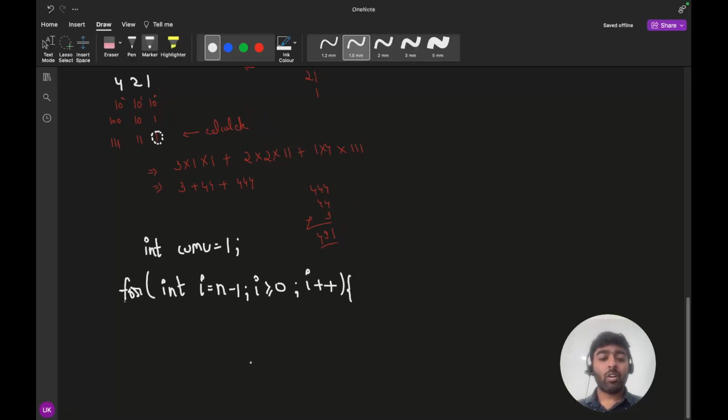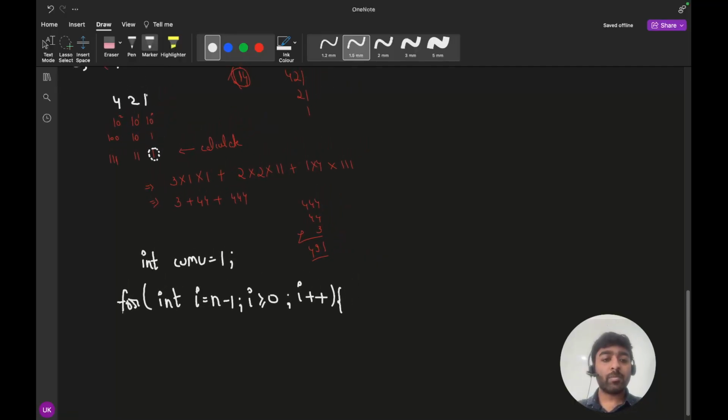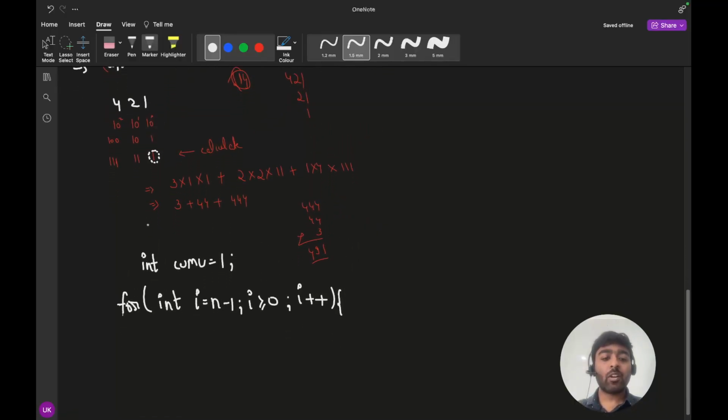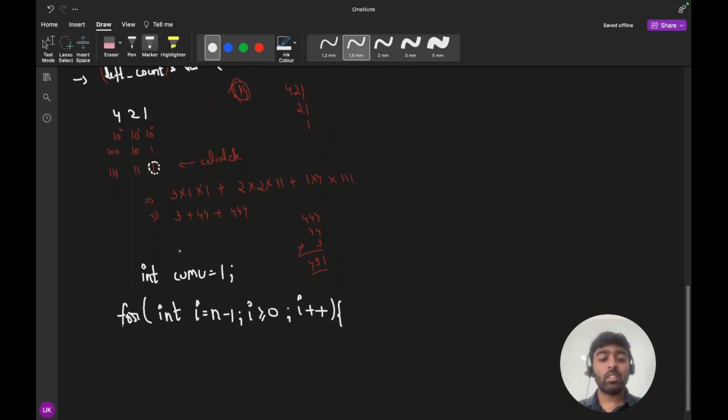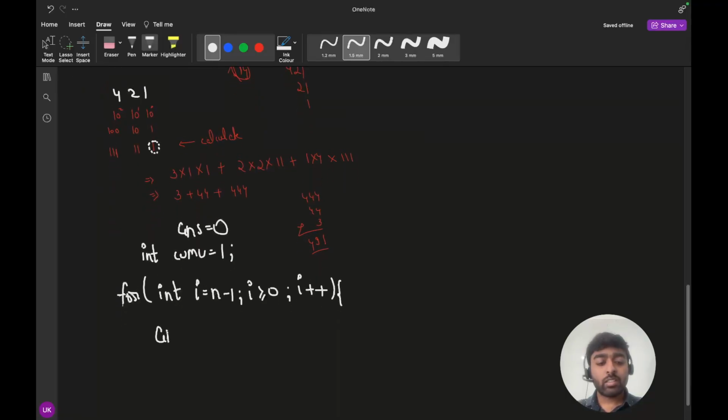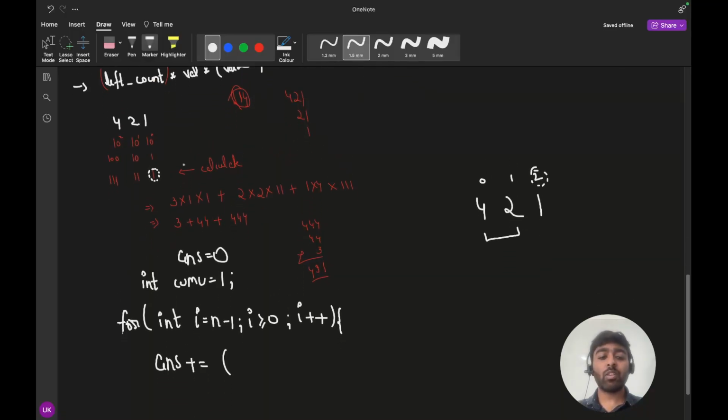Now, I am at this place. What I told you: left count plus 1, and this value will be added to the answer. So I will also create my answer, which is 0 in the starting. So answer plus equal to what? Left count. How do we find the left count? If I was at this 1's place, it is index number 0 1 2. So left count was this i value, 2, and we also have to add 1.